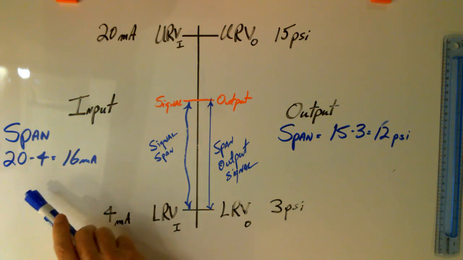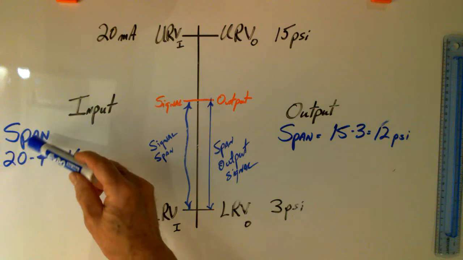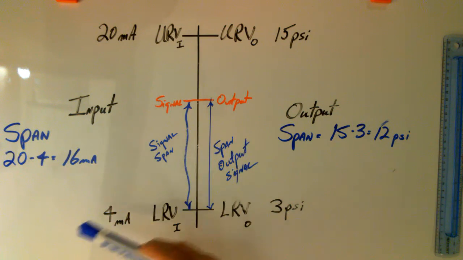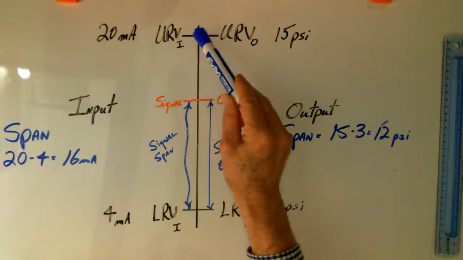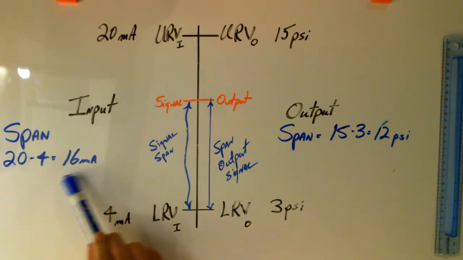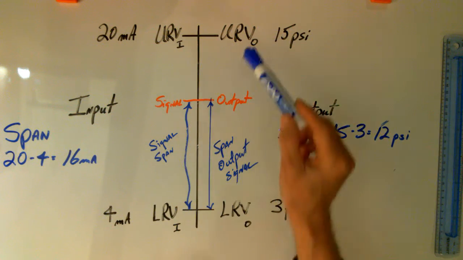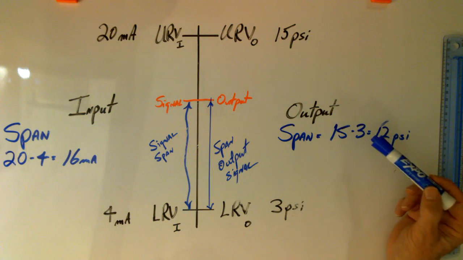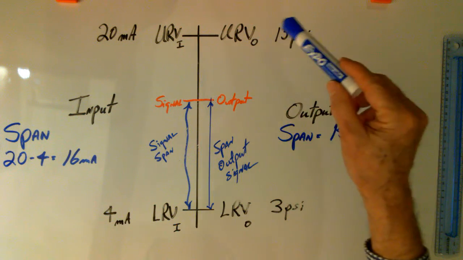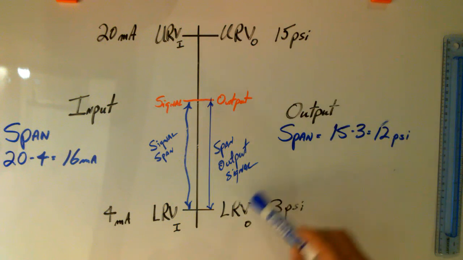Okay, so remember that the span of the input range is equal to the upper range value minus the lower range value. 20 minus 4 is 16 milliamps. The span of the output range is 15 minus 3. So those are my range spans.